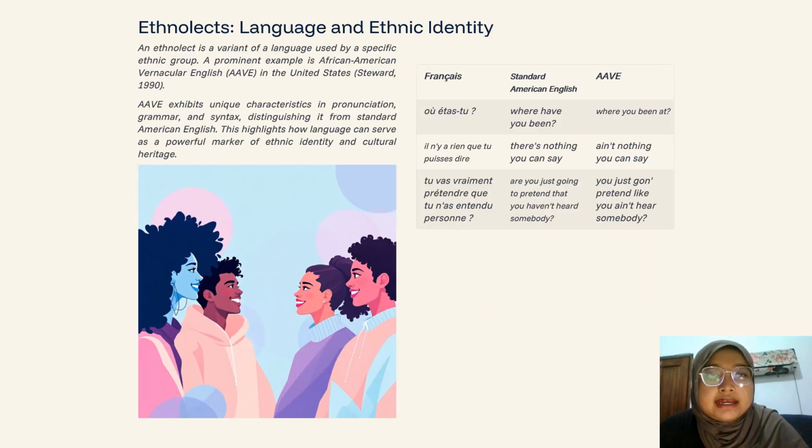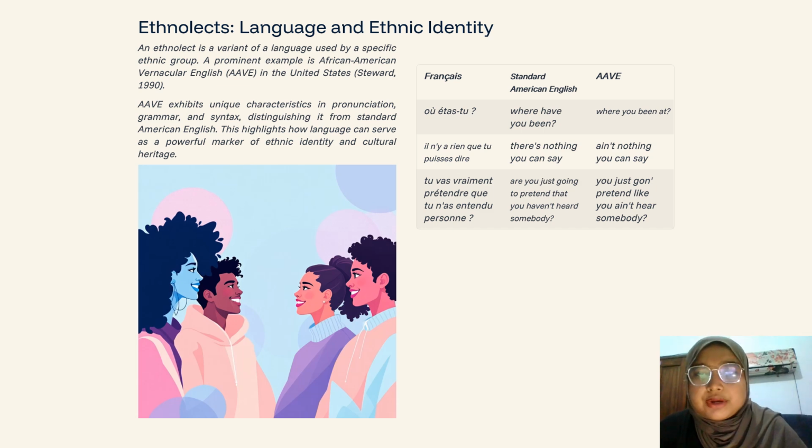And then, in this slide, introduce the concept of ethnolect, which are language variants used by specific ethnic groups. The primary example provided is African American Vernacular English, also known as AAVE, in the US. So, highlight that AAVE possesses unique characteristics in its pronunciation, grammar, and syntax, setting it apart from standard American English.